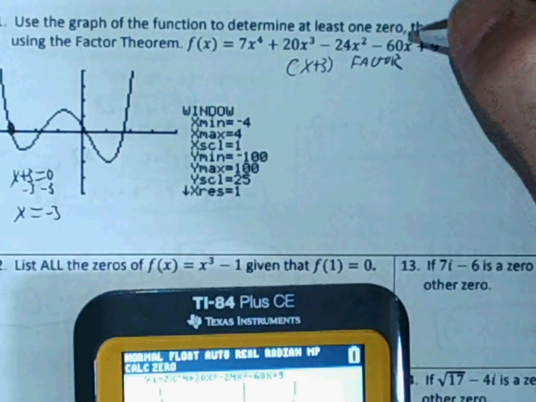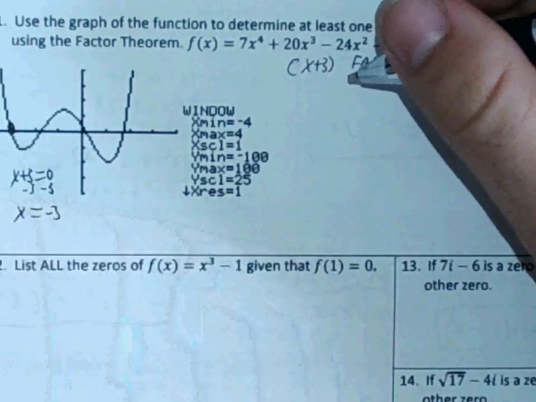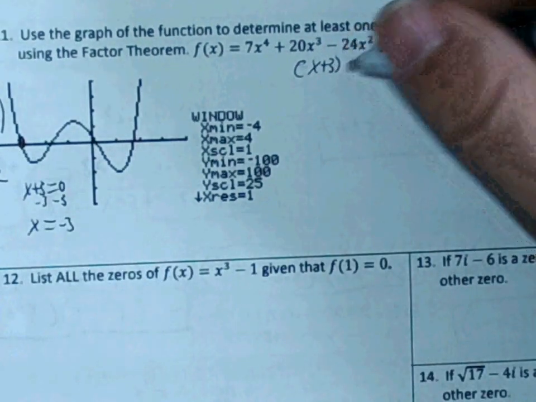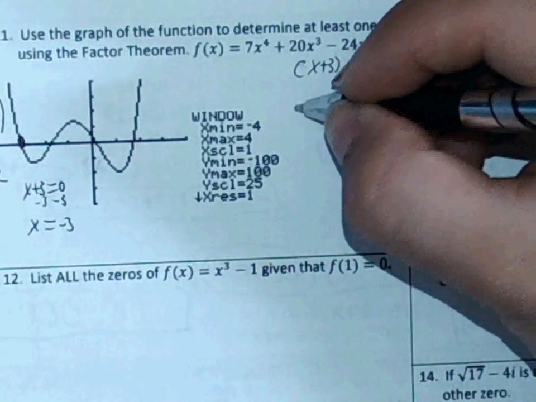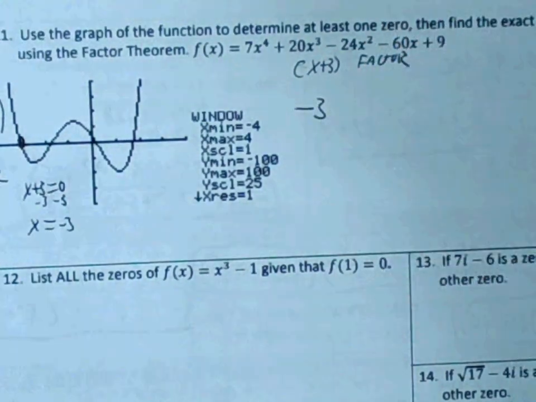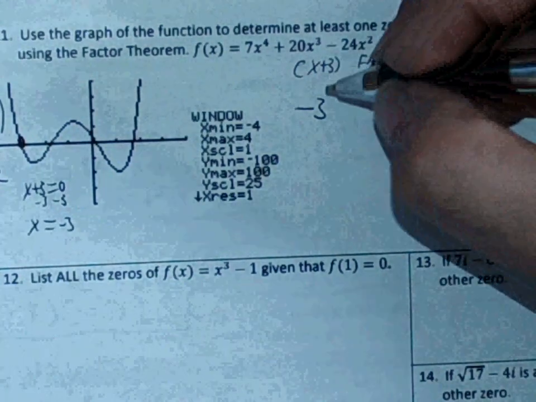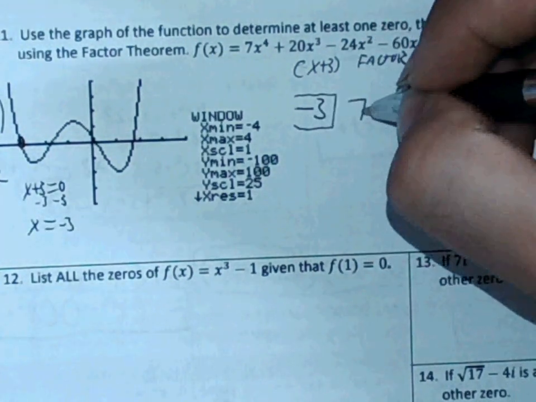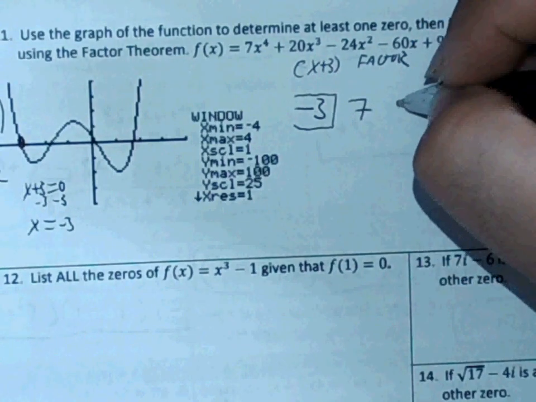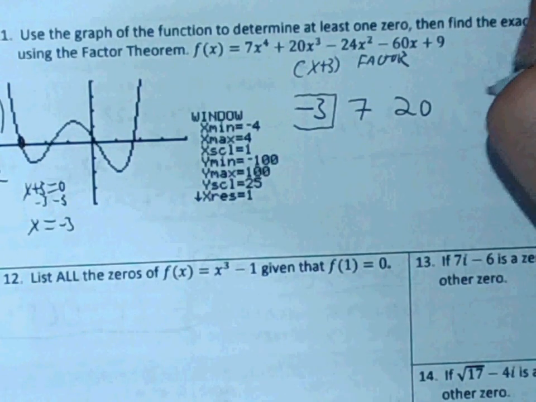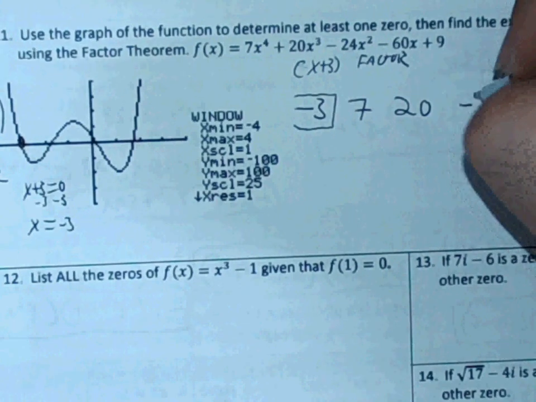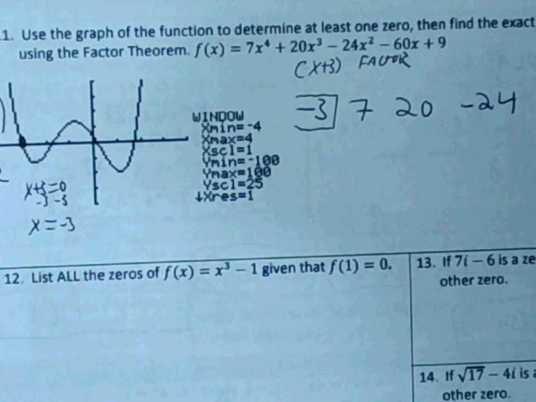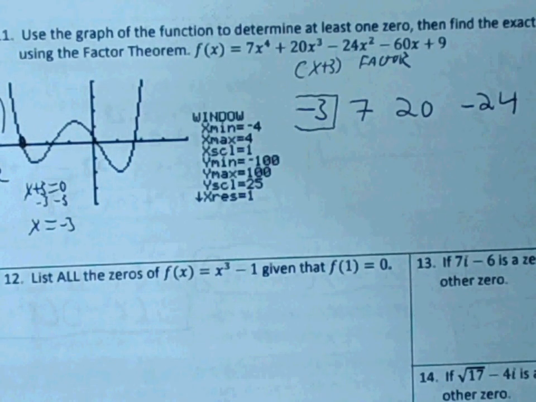When we do synthetic division for the original function, we can use -3, with 7 for our x fourth term, 20 for our x cubed term, -24 for our x squared term, -60 for our x term, and 9 for our constant.